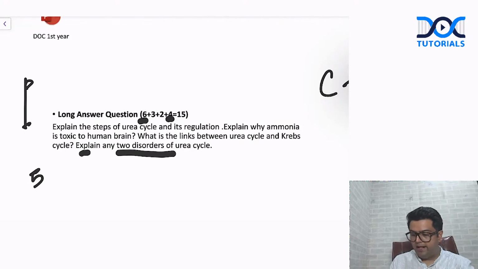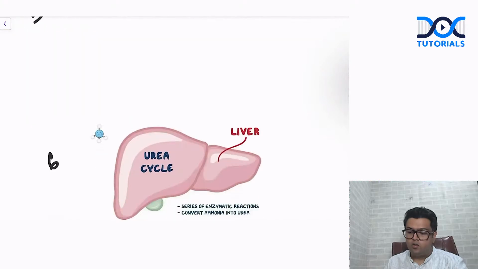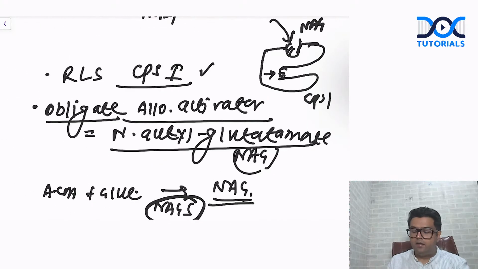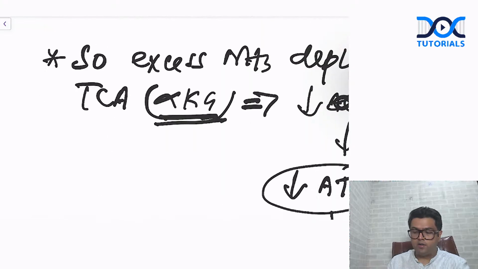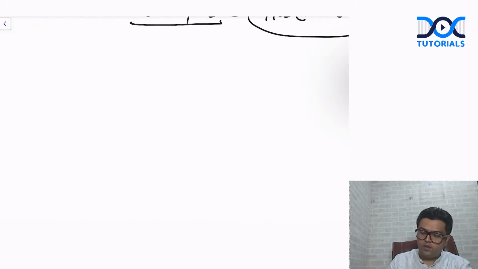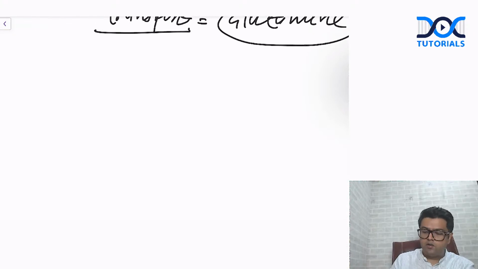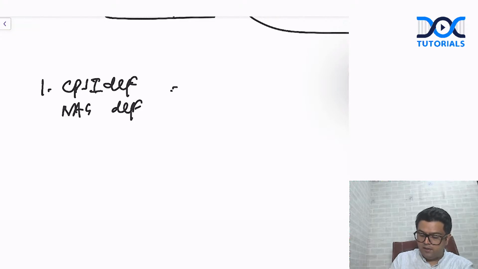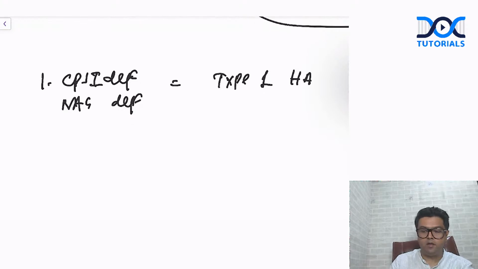Okay. And now, explain any two disorders of the urea cycle. You should remember that the urea cycle has multiple disorders, right? What are the disorders of the urea cycle? Guys, just one by one. CPS1 deficiency, or N-acetyl glutamate deficiency, causes type 1 hyperammonemia, right?